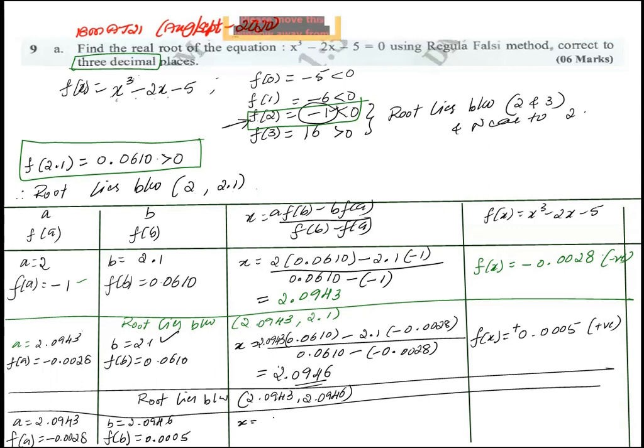Calculate x: a value is 2.0943, f of b is 0.0005, minus b, that is 2.0946, times f of a, that is negative 0.0028, divided by 0.0005, the new value of f of b, minus f of a, negative 0.0028. Use the calculator.